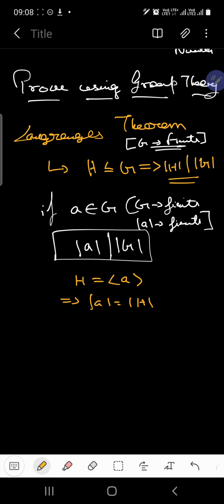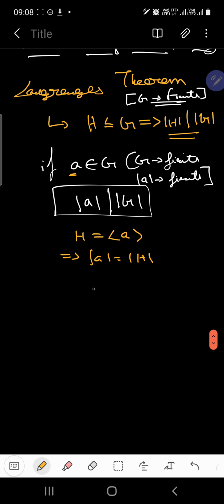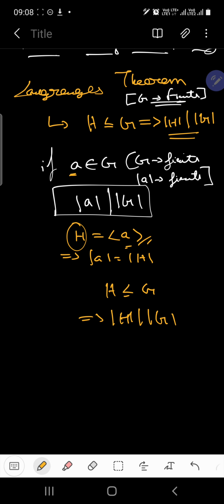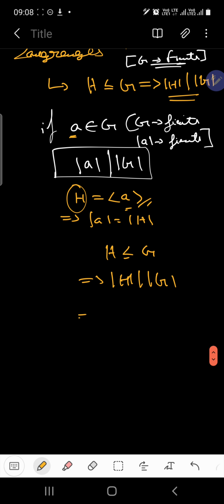We take an arbitrary element from G and consider the cyclic group generated by that element. That cyclic group is a subgroup of G because it is generated by an element of G. So from here, the order of H divides the order of G, and the order of H equals the order of its generator. So the order of A divides the order of G.